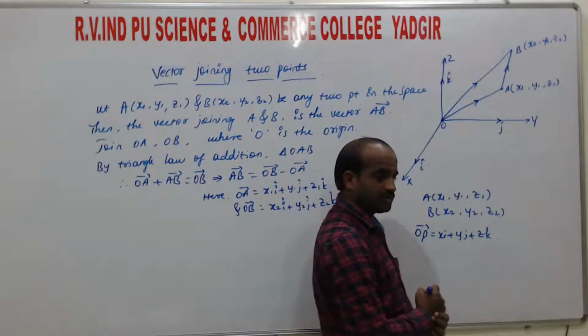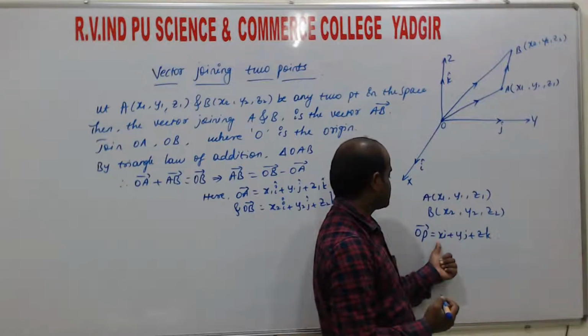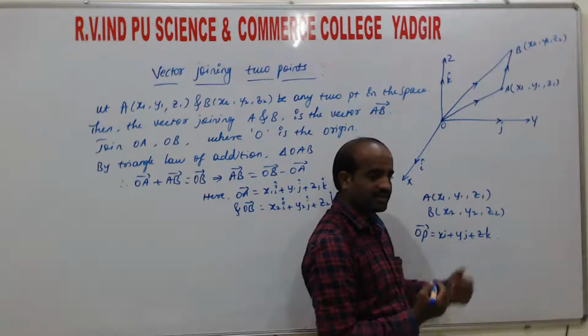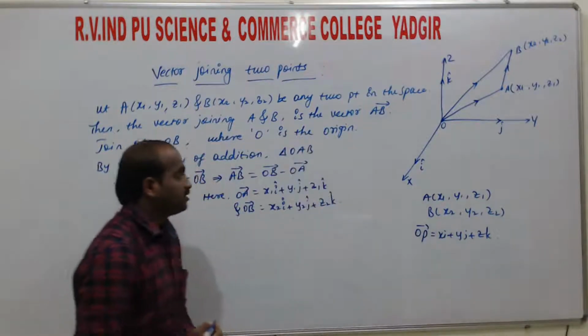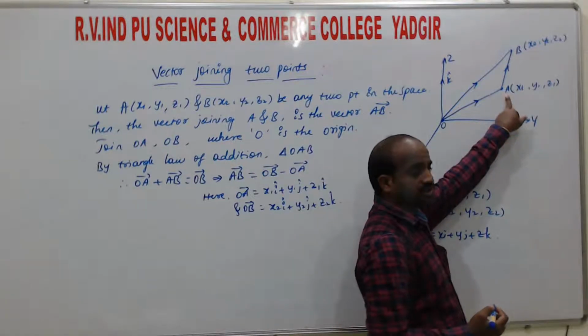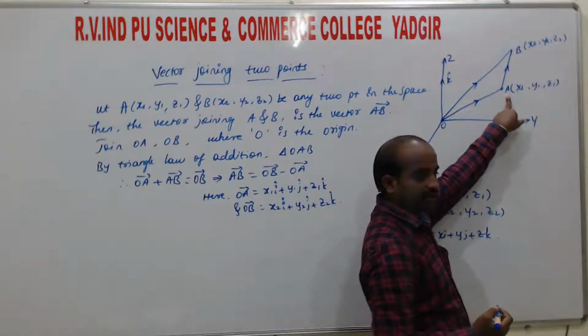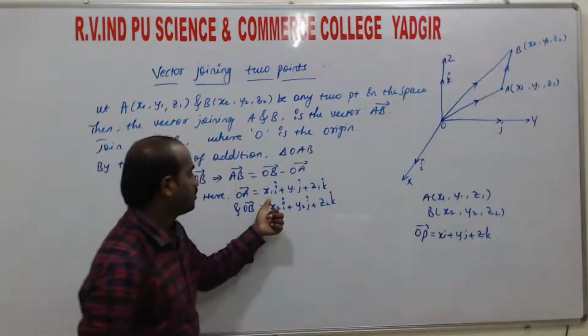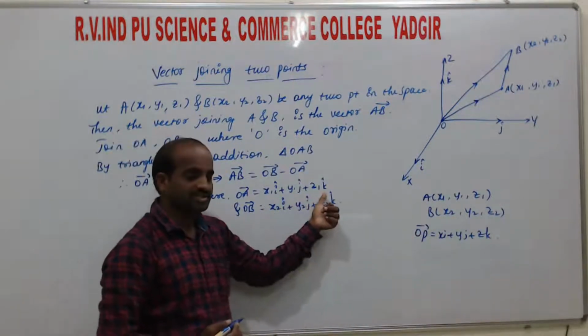In components form, the position vector of the point P of x, y, z with respect to the origin is given by OP vector equals xi plus yj plus zk. Now the position vector of the point A with origin is OA vector equals x1i plus y1j plus z1k.